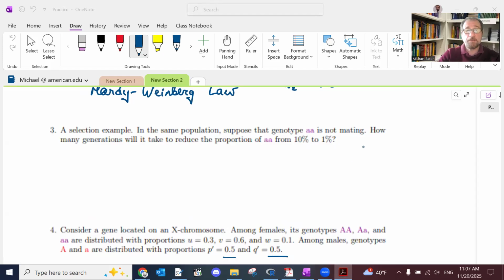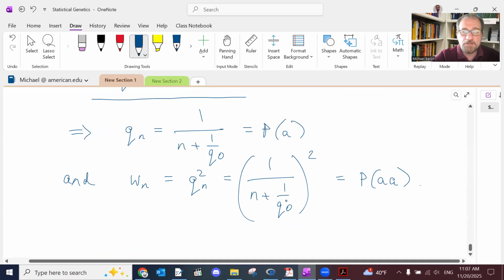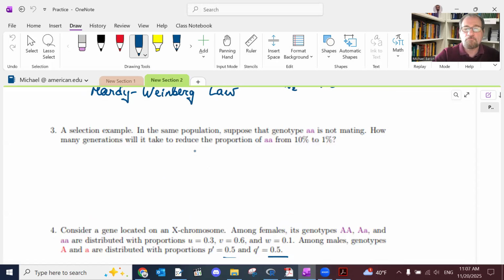We can calculate how many generations it will take. And for that, we need to calculate Q0, right? So Q0 is V over 2. Normally, we would add W, but W does not propagate the recessive gene.